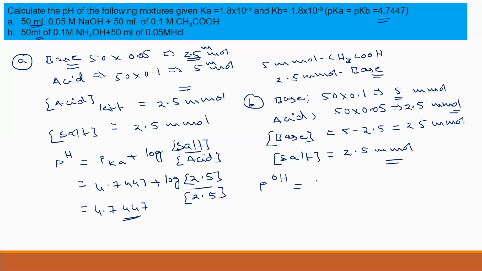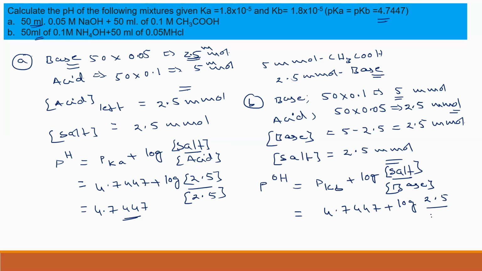So pOH is equal to pKb plus log salt by base. So this is nothing but 4.7447 plus log of salt by base, 2.5 by 2.5.